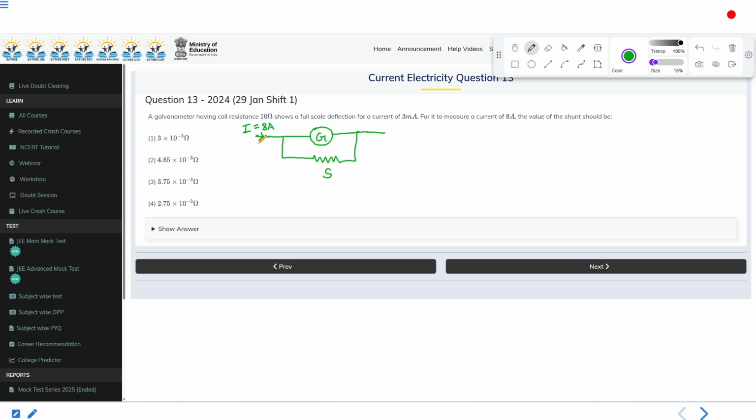Okay, so the galvanometer is showing full scale deflection at 3 milliampere.